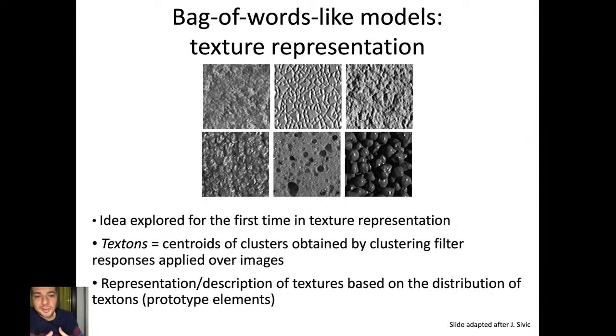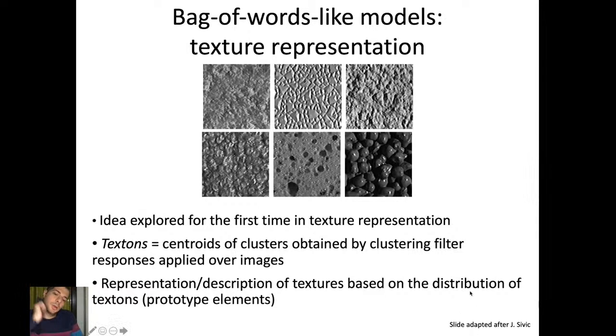Okay, so the first bag of words like models were studied in texture classification. So it was used as an approach to model texture.